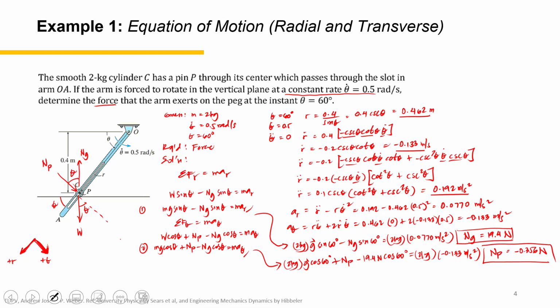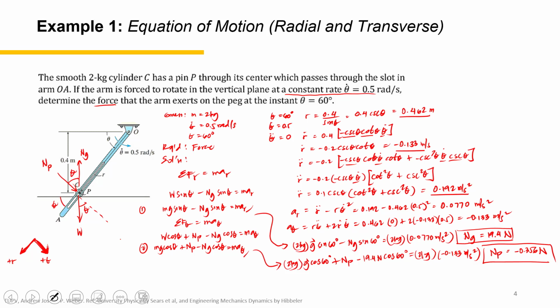So we have two forces, NG and NP. NG is the normal force that is exerted by the ground against the cylinder C, and that is the outer surface, while NP is the normal force still, but this is the normal force that comes from the arm OA against the peg, which is the center part of the cylinder.